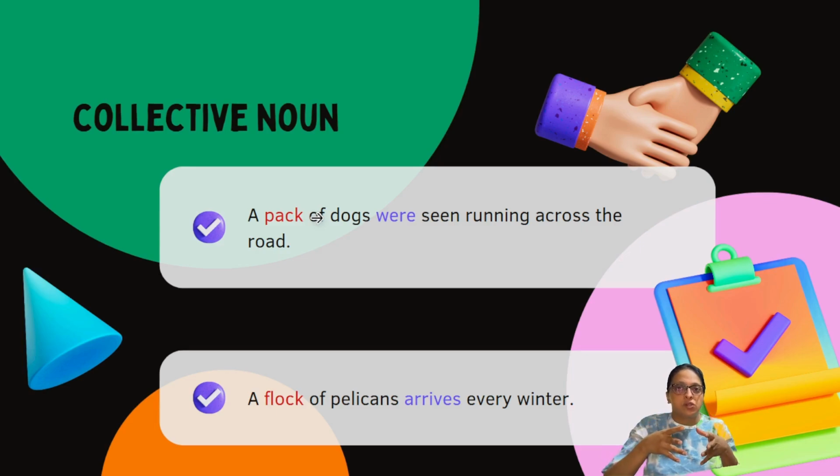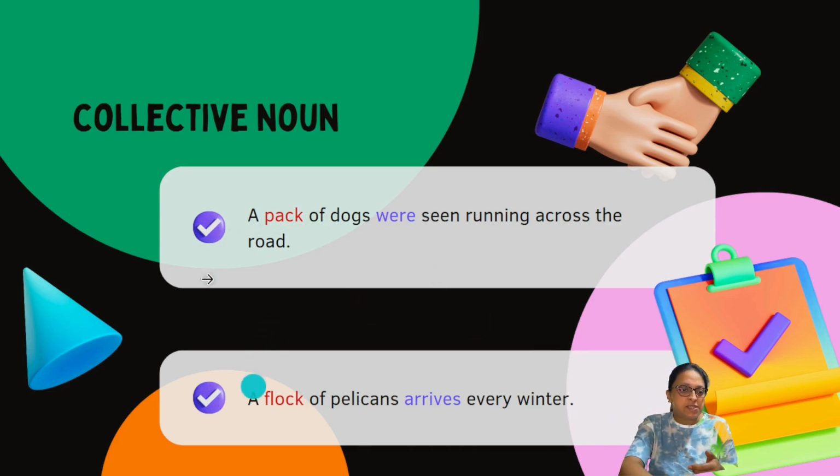They're not always together. We can see that it's a pack, but sometimes they run helter-skelter here and there. So individually they are coming, but they are a part of a pack. Therefore, here again we mean the dogs separately as members of the pack. Therefore, we have taken were here.